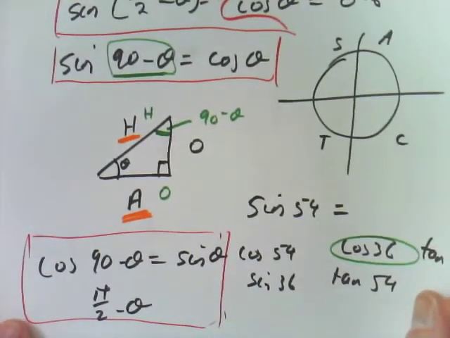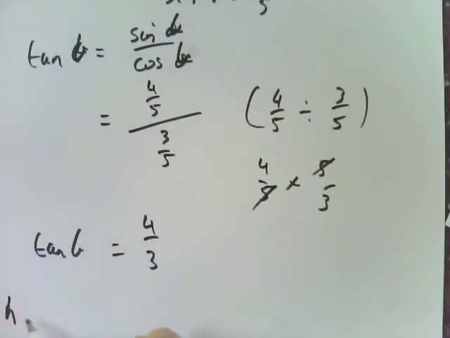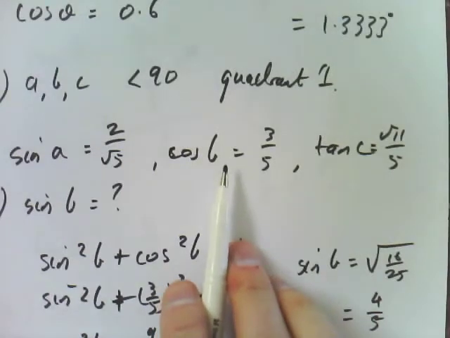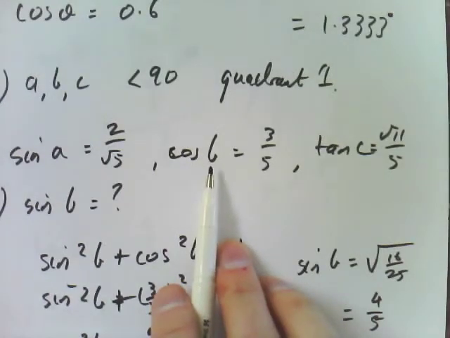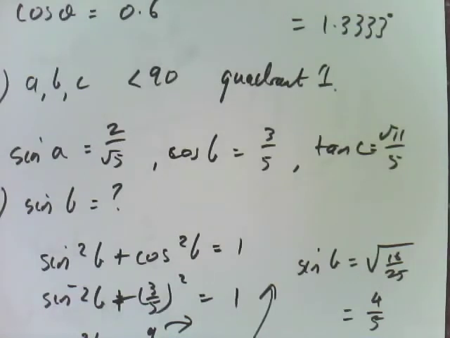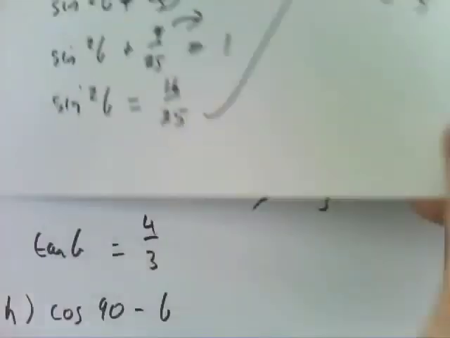If I have a look at question H, it's asking you to find cos of 90 minus B. We can do that because, according to our rule, cos of 90 minus B is equal to sine B. We already worked out sine B right here. So I know straight away that cos of 90 minus B must be 4 on 5 because it's the same as sine B.